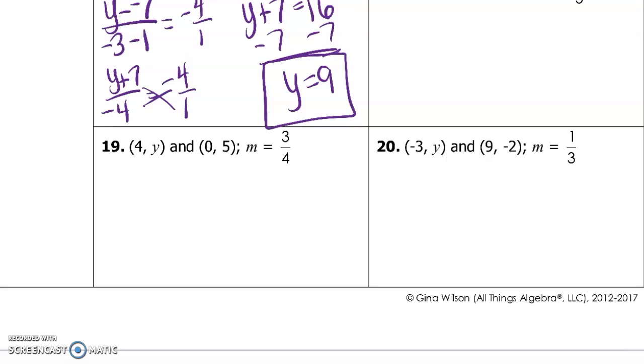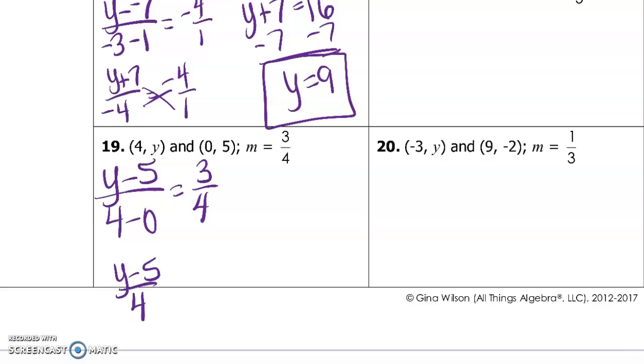And number 19, y minus 5 is over 4 minus 0 is equal to 3/4. So I would have y minus 5 over 4 is equal to 3 over 4.